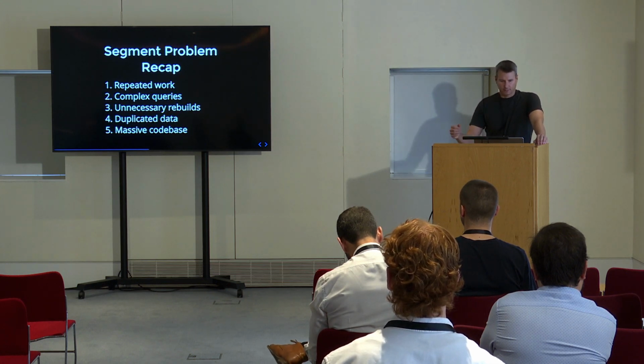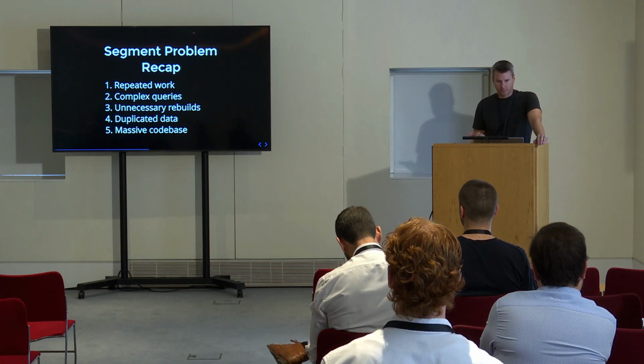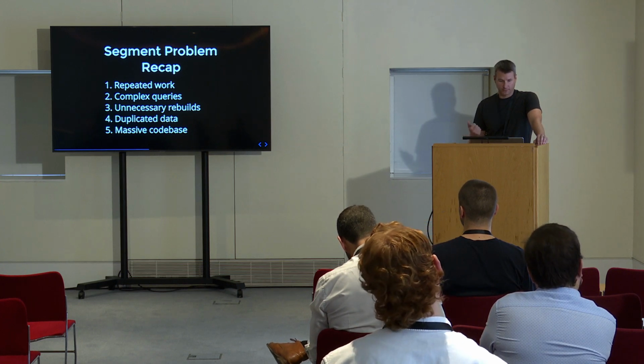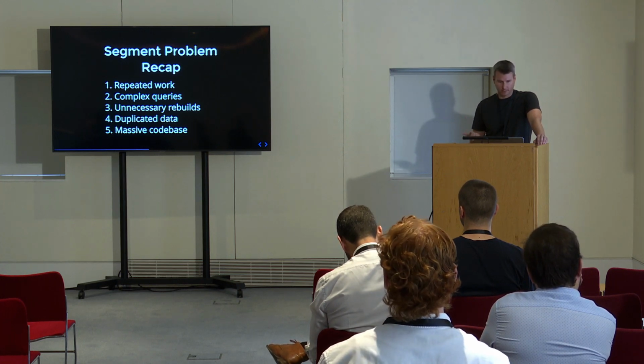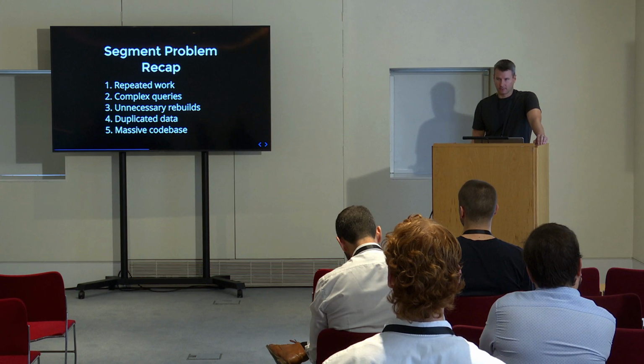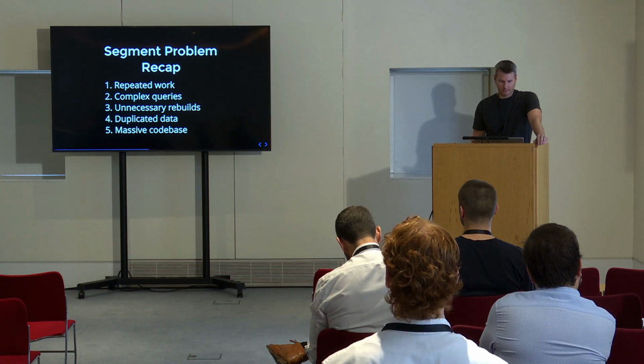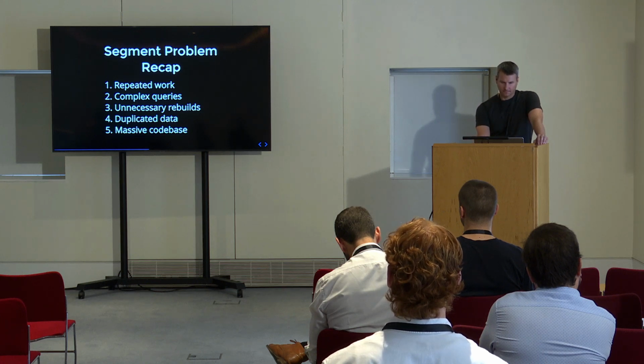So if I recap, problems with segments are repeated work for users, complex queries which are slow, unnecessary rebuilds, it just eats your CPU, duplicated data, it's a lot of stuff on your disk that shouldn't be there, and it has a massive maintenance cost of the code base.